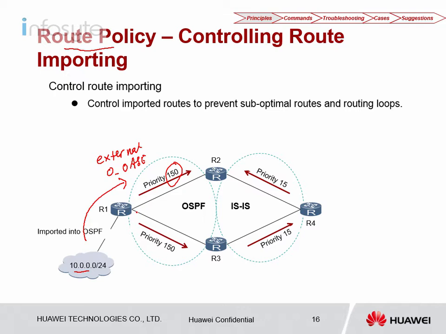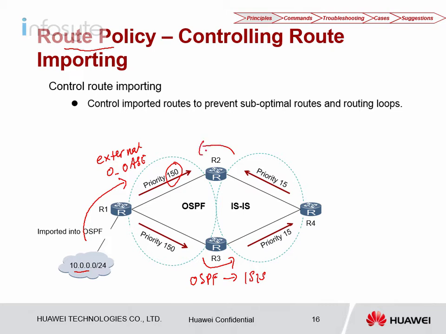Now assuming this route is sent to R3, and R3 imports the OSPF into RIP. When R4 receives it, R4 will advertise this to R2.